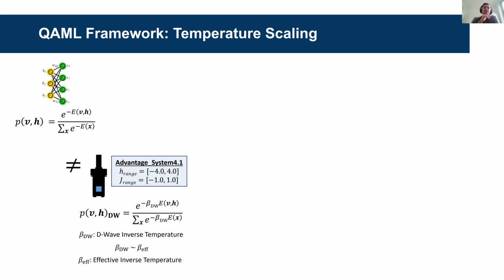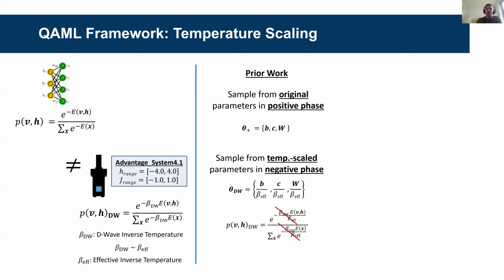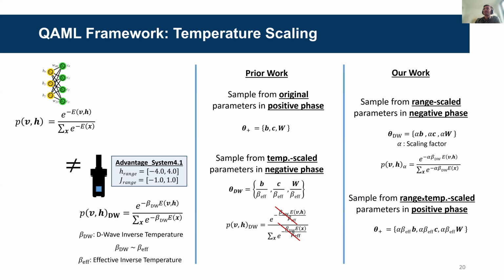So the problem we found was not in estimating it, but in how we use that estimate. In prior work, you would sample from the original parameters in the positive phase, and then from temperature scaled values in the negative phase. So this is the idea that they cancel out, that the estimate and the actual temperature of the distribution cancel out. In our work, we use temperature scaling.